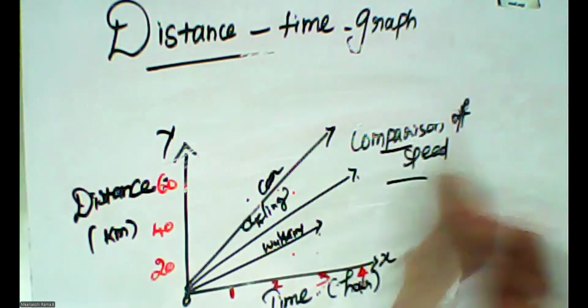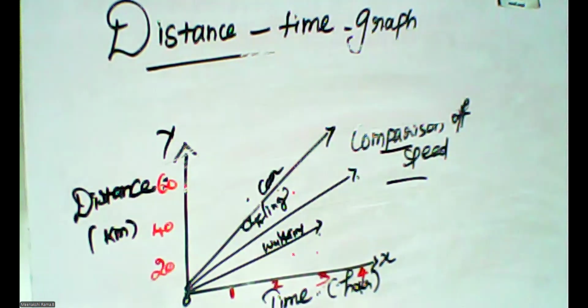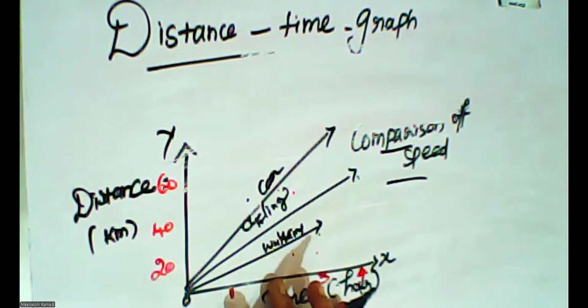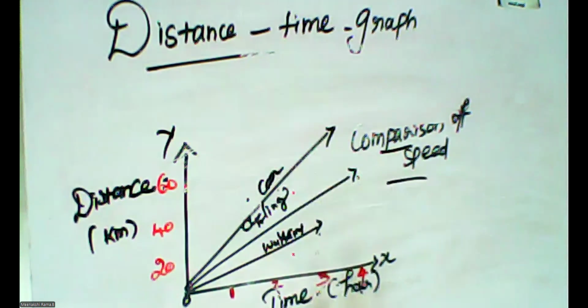So in this manner, we can learn the comparison of speed. The distance-time graph shows different kinds of speed, so the slope is also different. It is a straight line, but the graphical structure differs. It is not uniform motion. It is the example of comparison of speed.